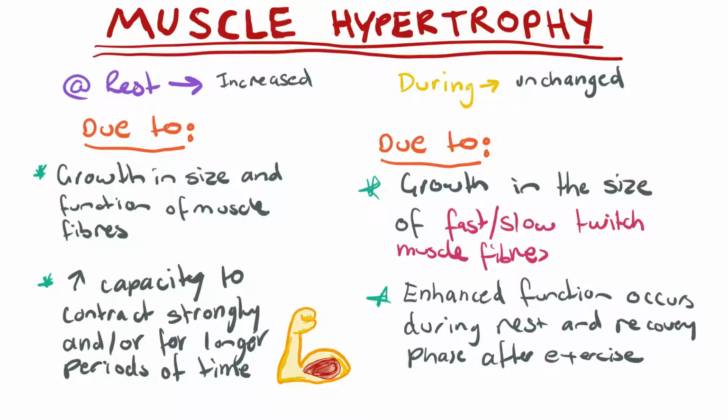Now, obviously, during activity, it's very much not a case of the muscles growing. They're sort of staying the same size. And this is due to the growth in size of fast or slow twitch muscle fibers, and the fact that the enhanced function and growth occurs during rest and recovery phase after exercise rather than during the phase of exercise.